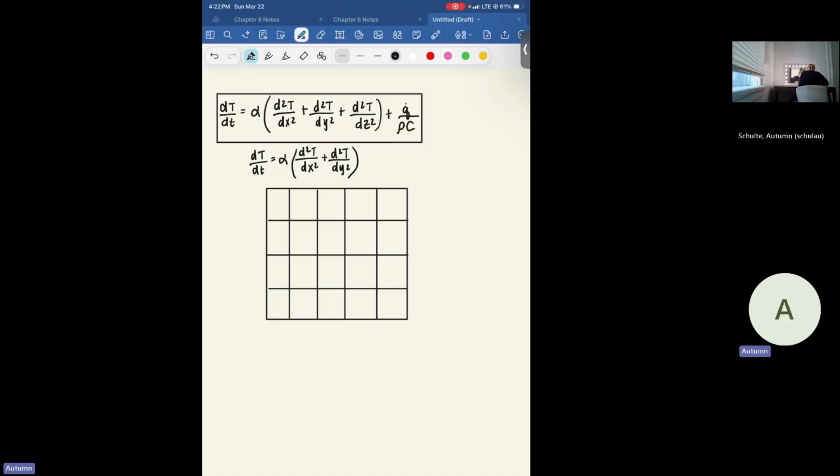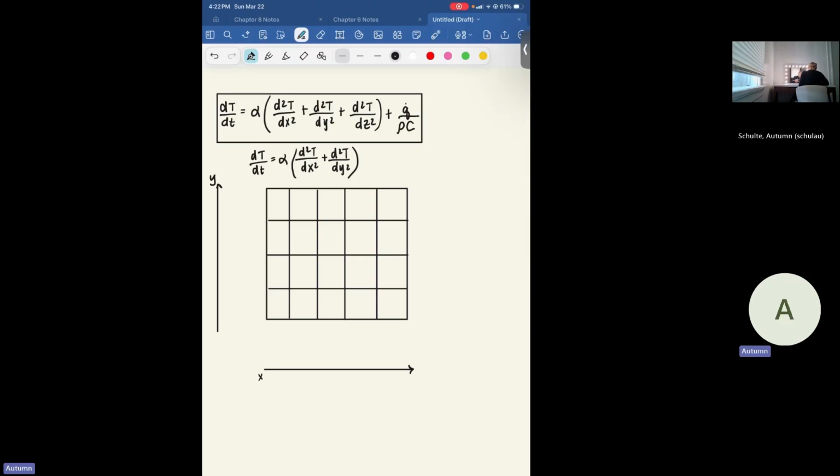So we're going to say that we have this big block, okay? We're going to have an increasing x direction from left to right and increasing y direction from down to up. Okay.